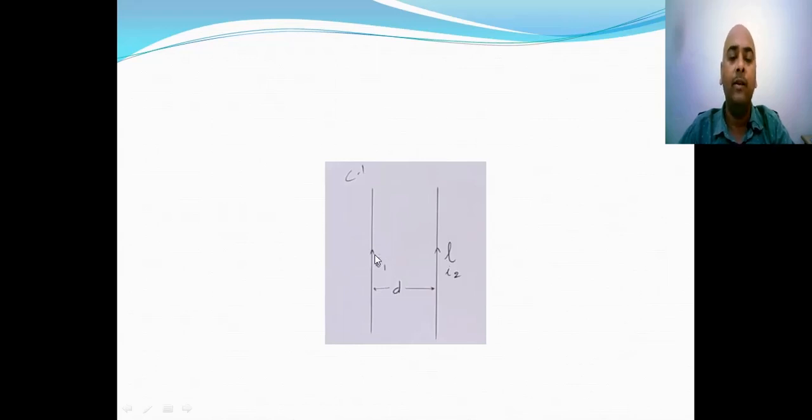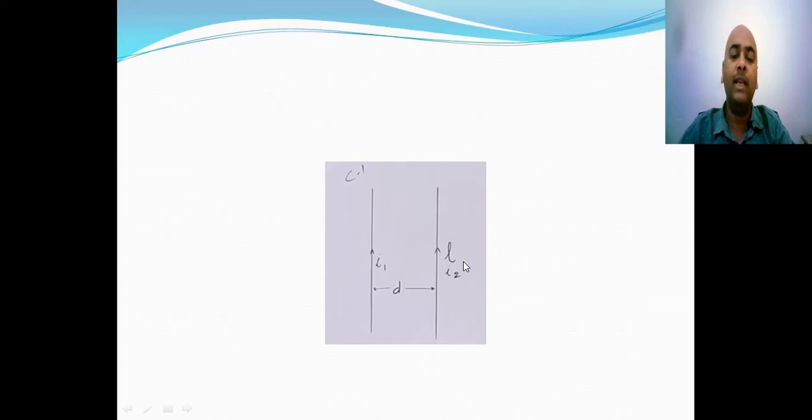So here one conductor carrying current is placed in the magnetic field produced by the current flowing in the second conductor. So there will be a force between these two conductors due to the existence of magnetic fields.